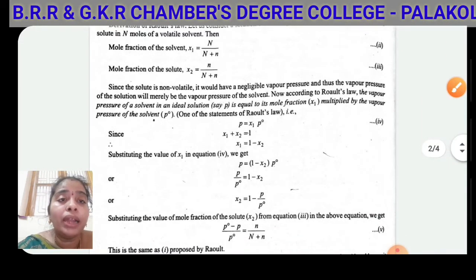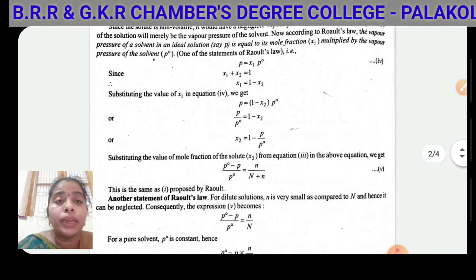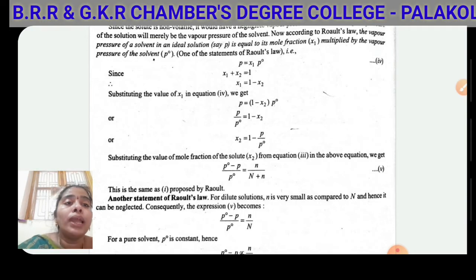Substituting in equation 1, we get P equals (1 minus x2) into P0. So P by P0 equals 1 minus x2, that is, x2 equals 1 minus P by P0. Substituting the value of the mole fraction of the solute x2 from equation 3 in the above equation, we get (P0 minus P) by P0 equal to small n by capital N plus small n. This is Raoult's law.